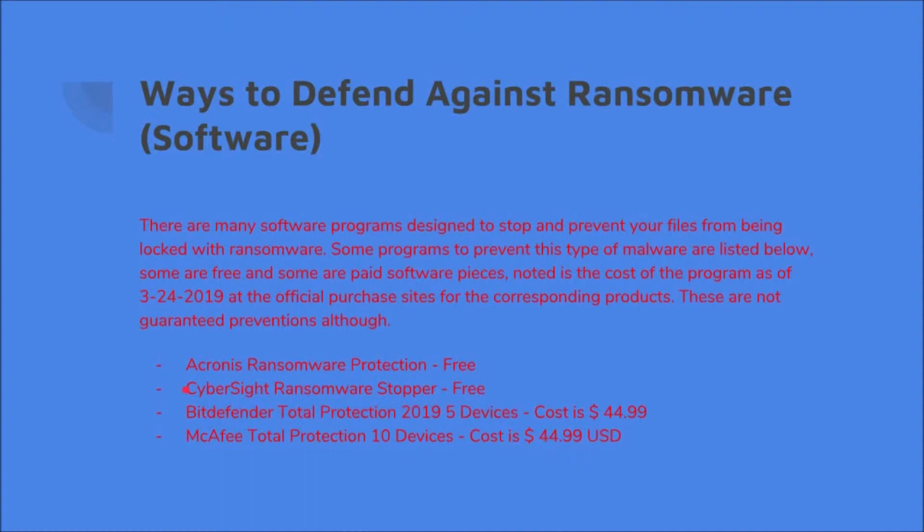So Acronis Ransomware Protection is free, and so is CyberSight Ransomware Stopper. Honestly, I prefer CyberSight as the best free option because it uses machine learning to recognize more signs of ransomware being implemented on your system.